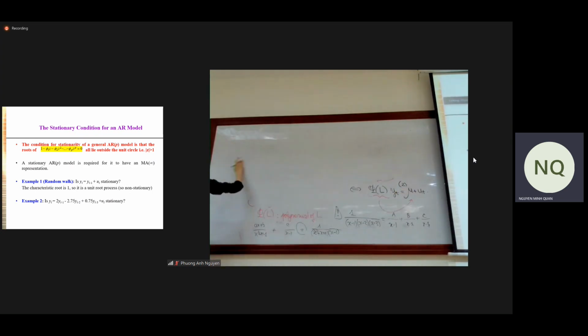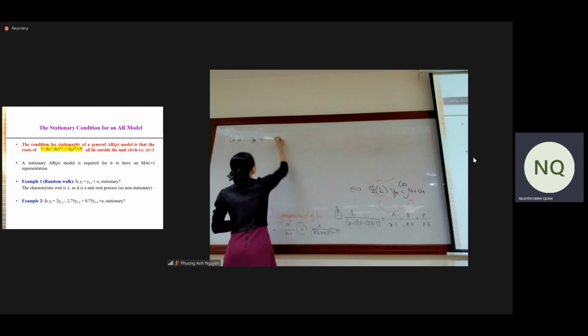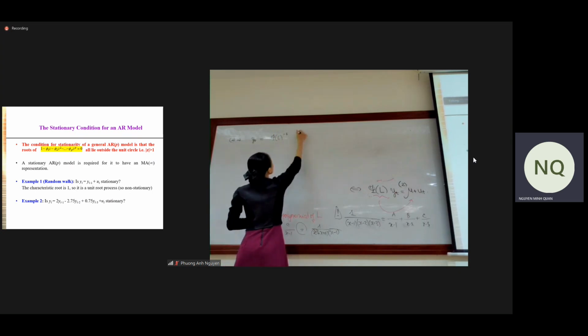From 2, I would like to continue with yt equal to the inverse of phi L, times mu plus ut.